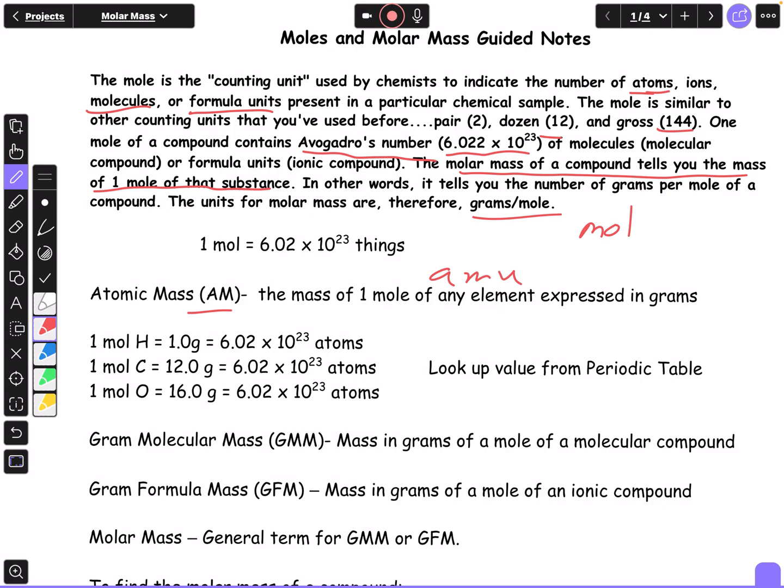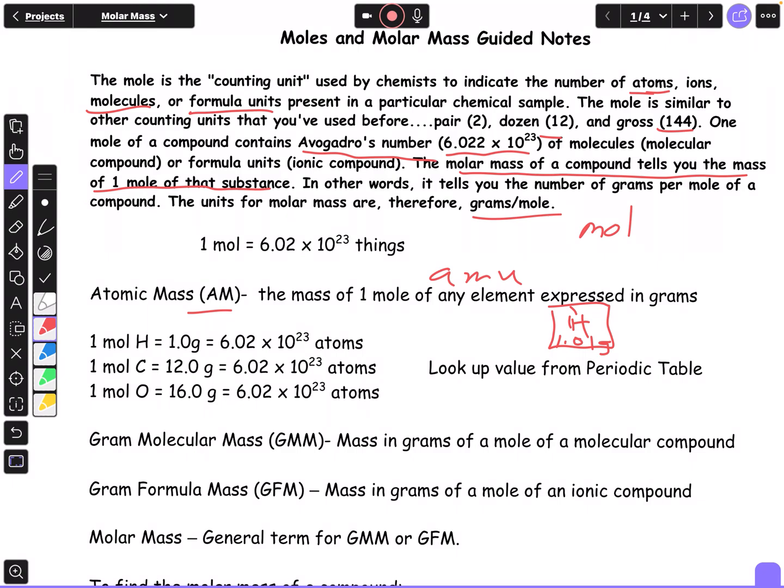So 1 mole of hydrogen is equal to 1.0 grams. That is its atomic mass. If you look on the periodic table at your square for hydrogen, you have its atomic number on top. On the bottom, you have its atomic mass, like that 1.01. We're saying that is grams, even though it's really atomic mass units.